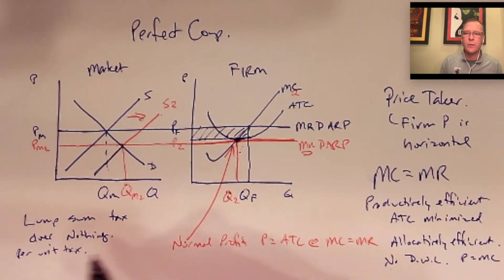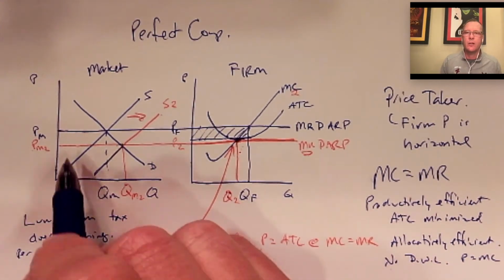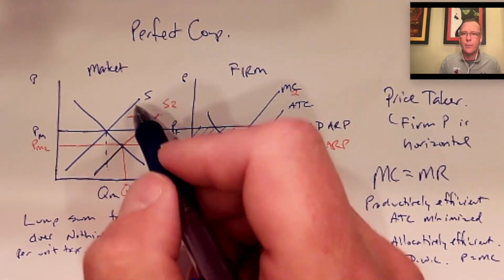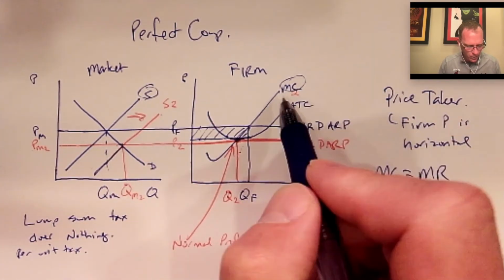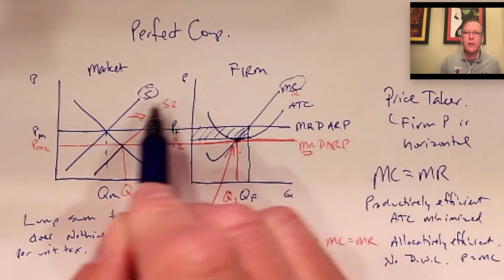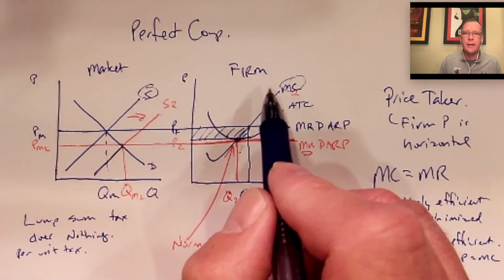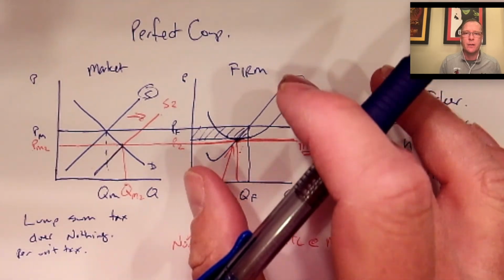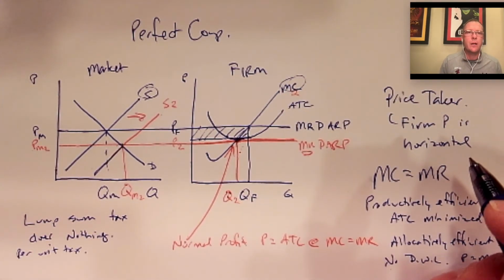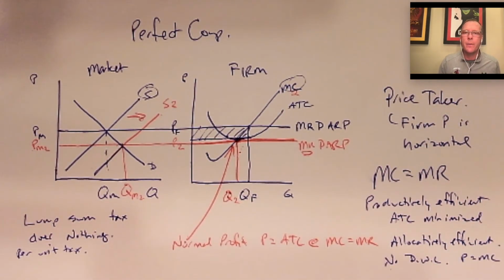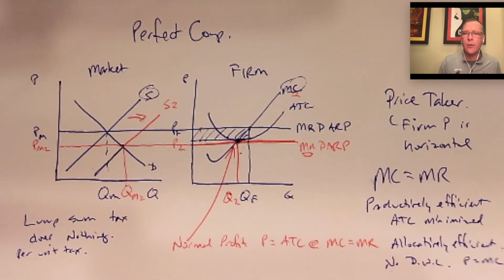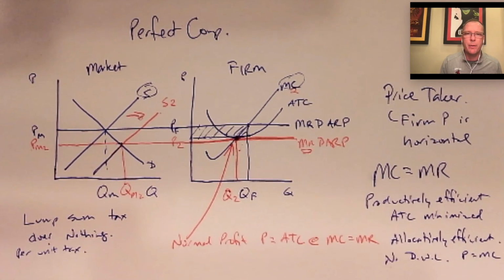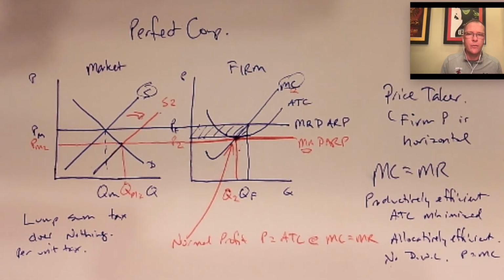If you do something like a per unit tax, then you're going to have to say, okay, well, this is going to shift. When this shifts, remember, my supply line and my marginal cost line are the same. So when my supply line moves due to a tax, my marginal cost line should move too, and then the whole thing is just going to basically move up on us. So that's how that's going to work. Okay, that's perfect competition. I don't know if they could ask you anything else. That's a lot of stuff right there to review, but that's basically what we're going with in terms of perfect competition.